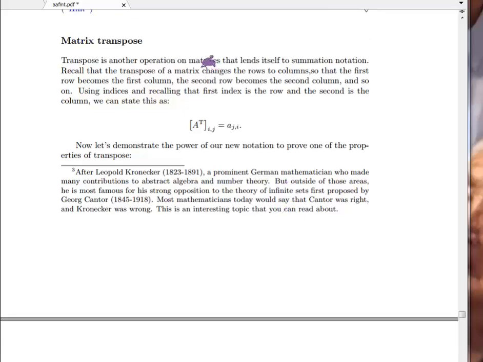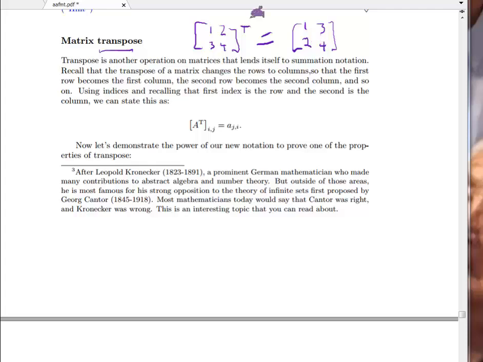Another common matrix operation is the so-called transpose. For instance, if I take this matrix 1, 2, 3, 4, and I take its transpose, the rows become columns and the columns become rows. The first row becomes the first column of the transpose, and the second row becomes the second column of the transpose.